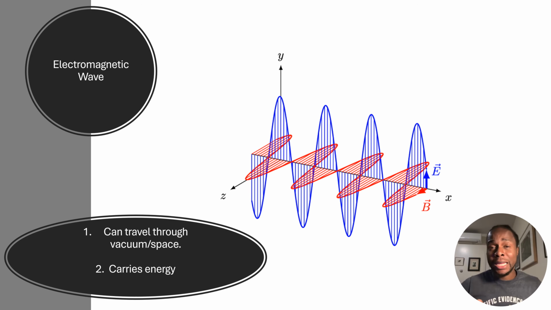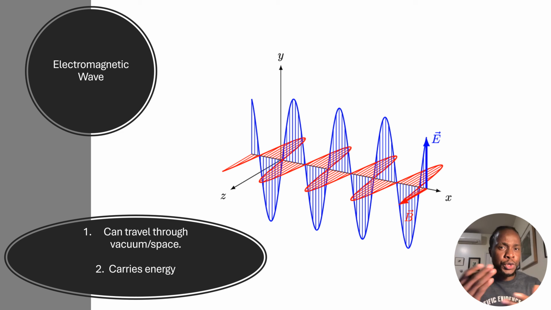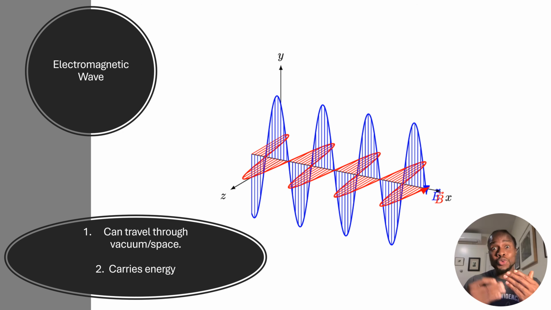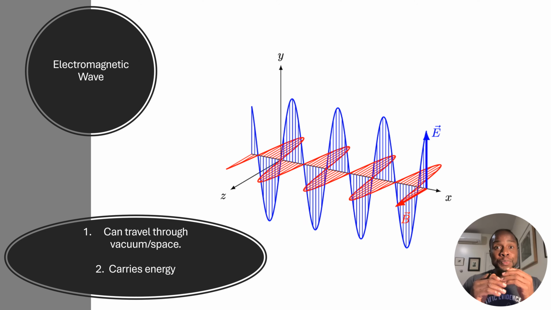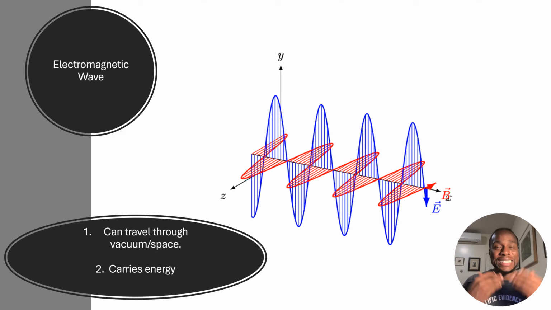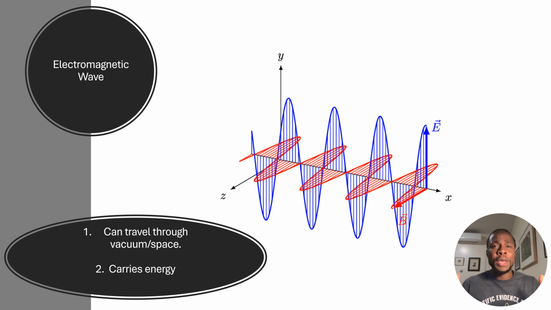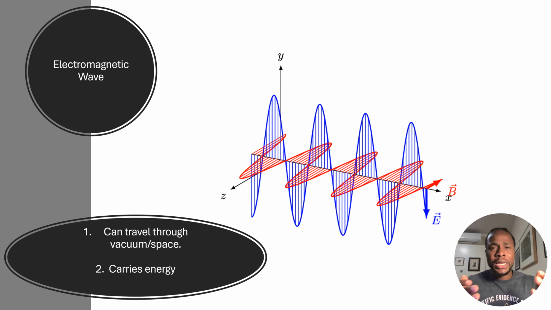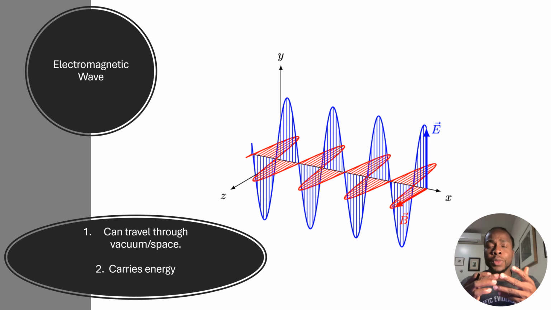What I mean by that is other forms of waves like sound wave, talking to you right now, is coming to you through the air, it's coming to you through gas. So we need the gas to propagate the sound coming from my mouth to your ears. Many other waves need things to travel through. They can travel through solid, they can travel through gas, they can travel through liquid.